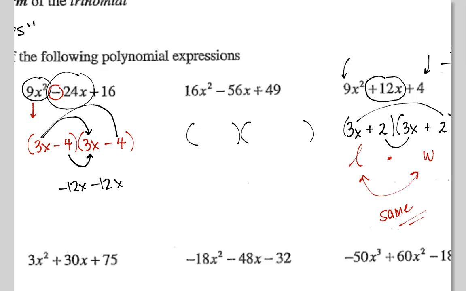Got an answer? 4x and 4x? Yeah. 7 and 7. And what goes between them? Minus and minus. Good.